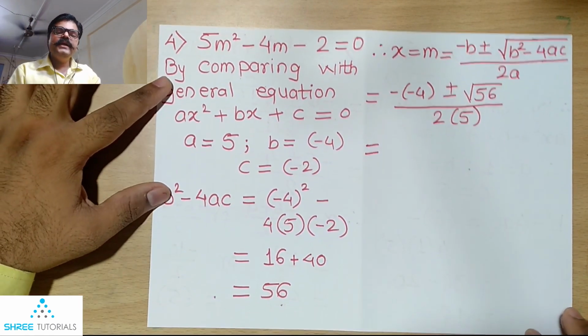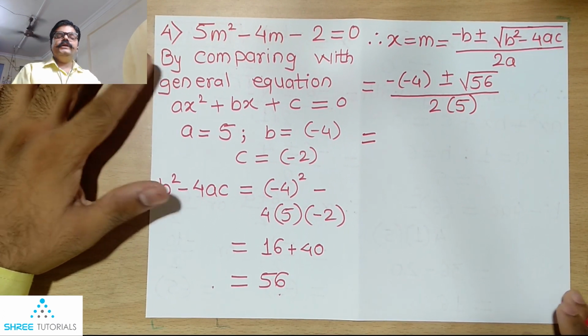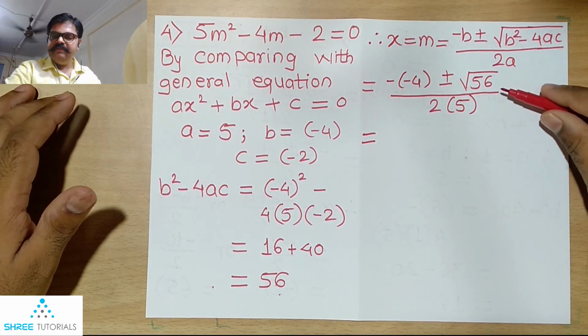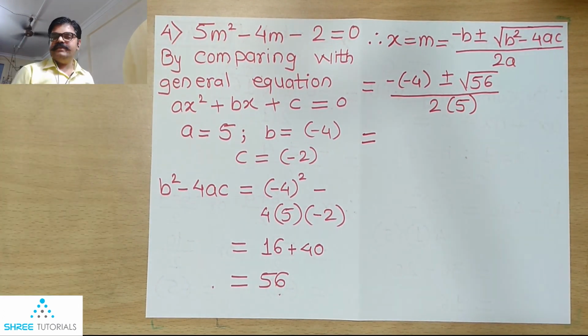Now very important thing to note over here is that unlike previous example, this 56 is not a standard square. That means we have to do some manipulation. Now what exactly that manipulation is, we are going to split this 56 into two terms such that at least one of those two terms got to be a perfect square. Why exactly we need to do this?